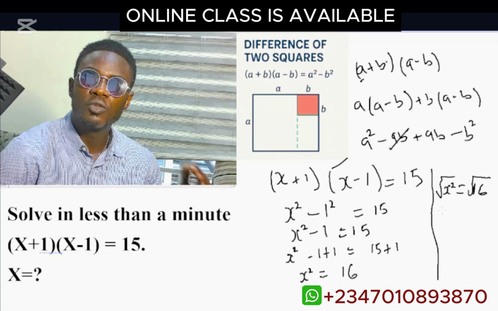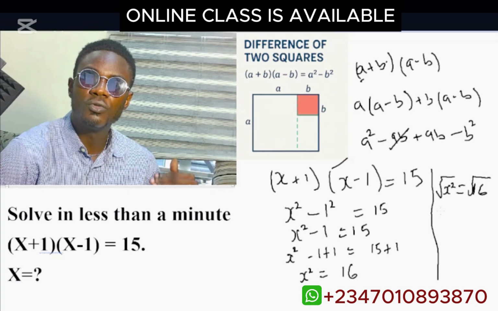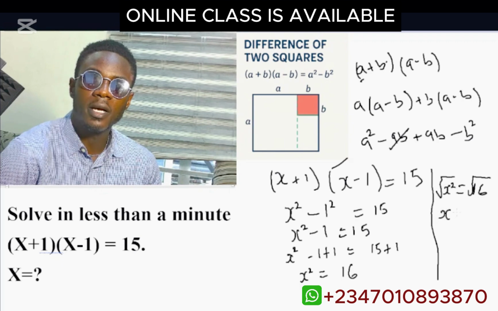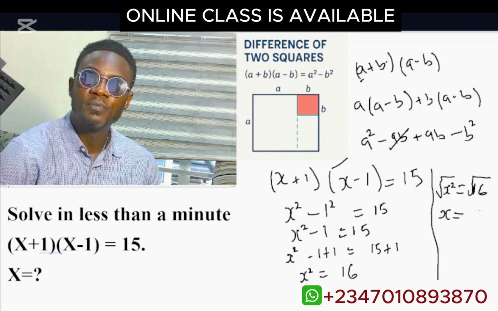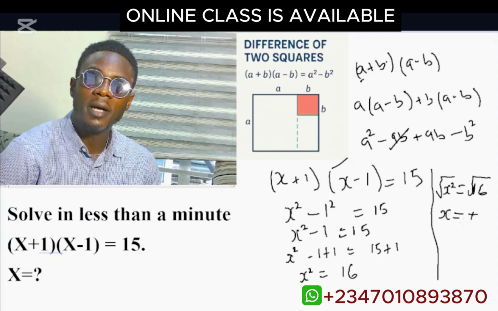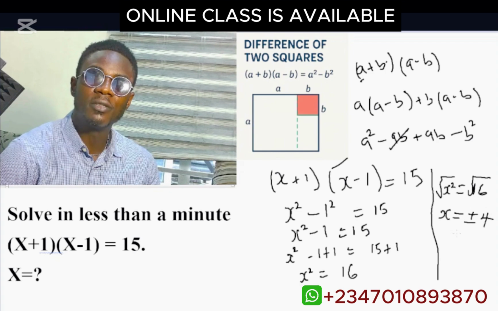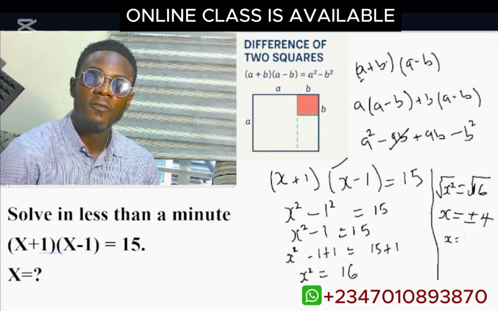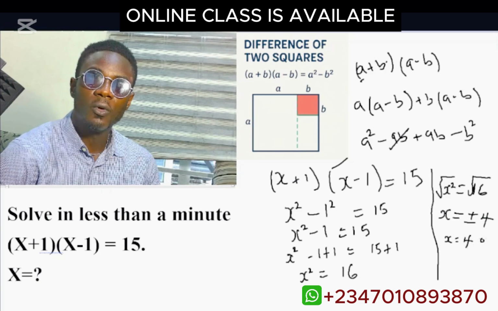The square cancels the square root, so we have x left on this side, and on the other side we have a real value. Our answer for the square root of 16 will be plus or minus 4, so eventually x = 4 or x = -4.